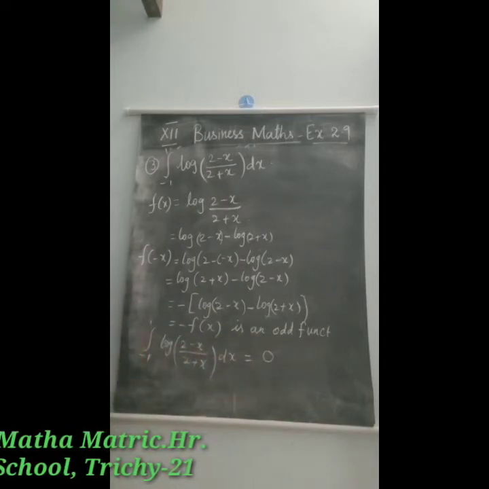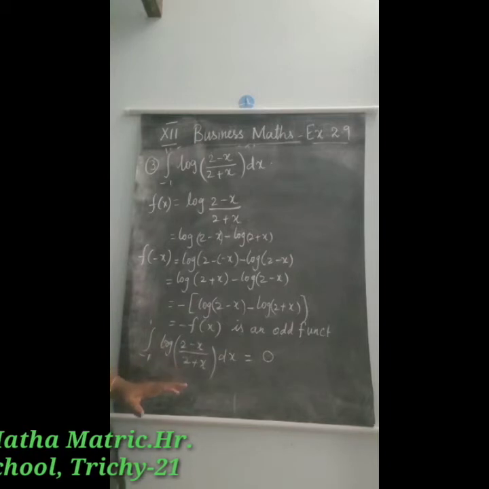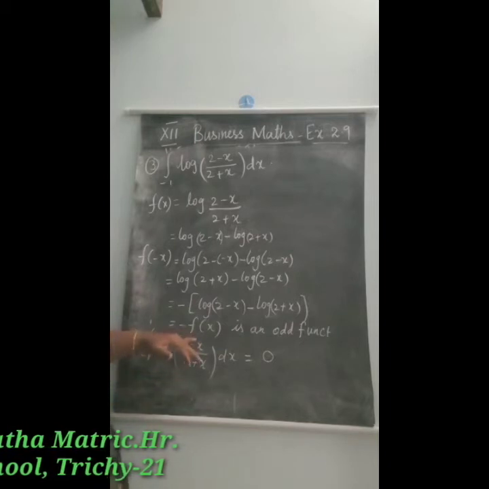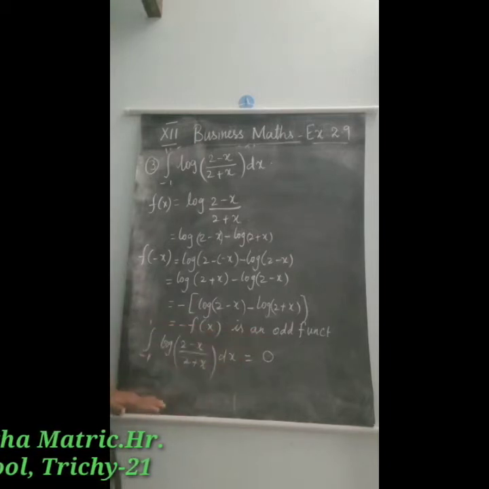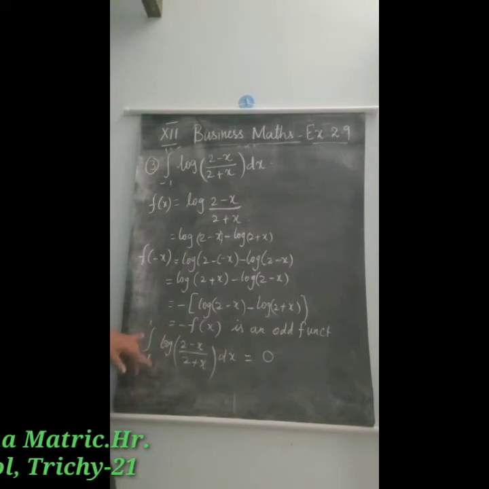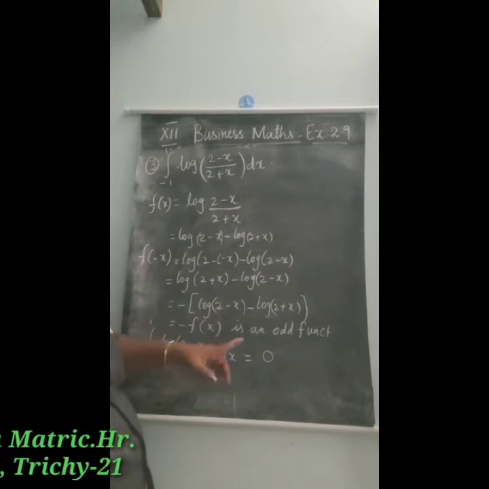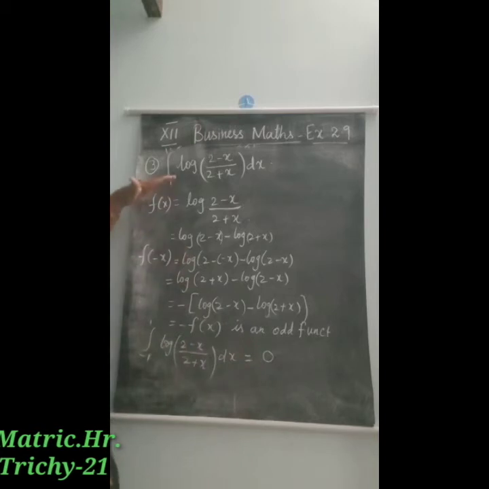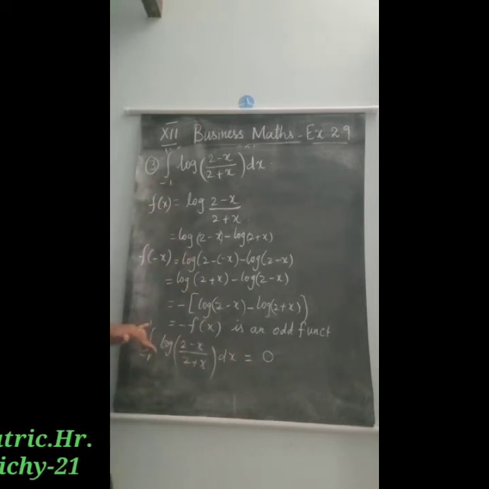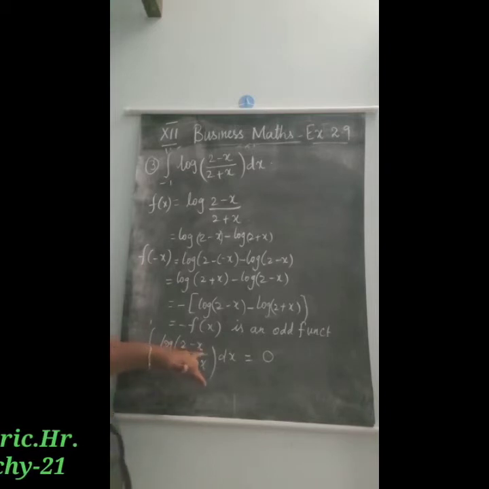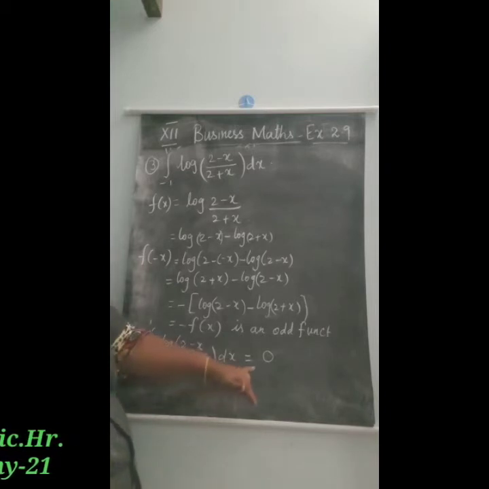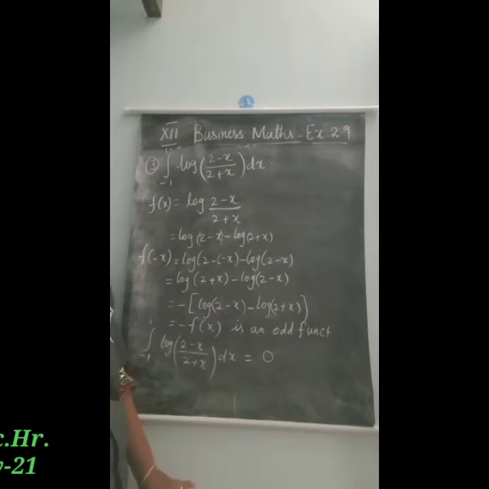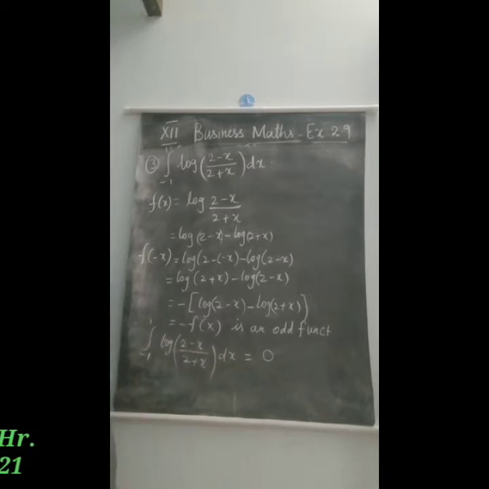By the property, if f of x is an odd function, the integral from minus a to a of f of x dx is equal to 0. So for the question, the integral from minus 1 to 1 of log of (2 minus x) by (2 plus x) dx is equal to 0. This is the answer for the third question.